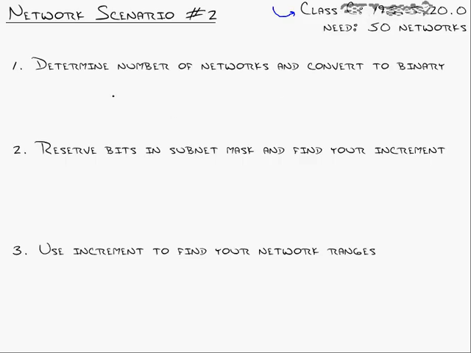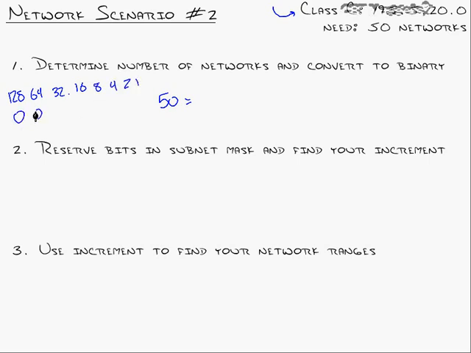So, let's work through the steps again. Number 1, determine the number of networks and convert that number to binary. 50 is how many networks we wanted, so I'll put our equals, and let's draw up our binary chart. 128, 64, 32, 16, 8, 4, 2, and 1.